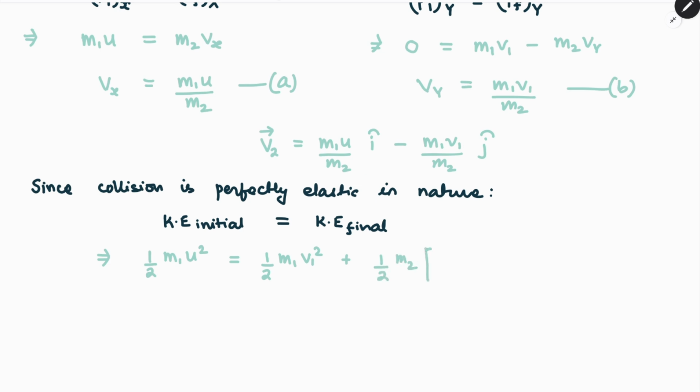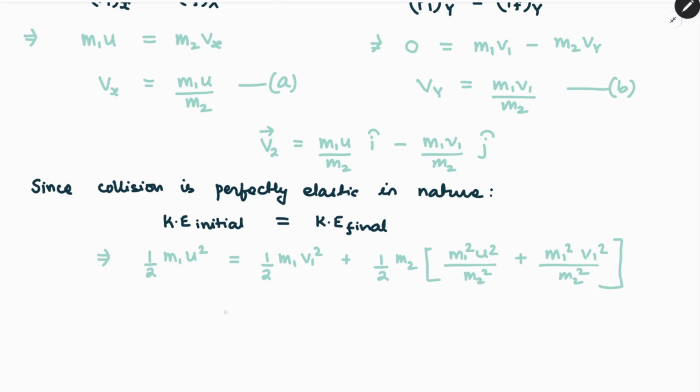So v2 square we can write as the magnitude of this term, so m1 square u square upon m2 square plus m1 square v1 square by m2 square. So we have an expression like this, and from here we express a relation between v1 square and u square.